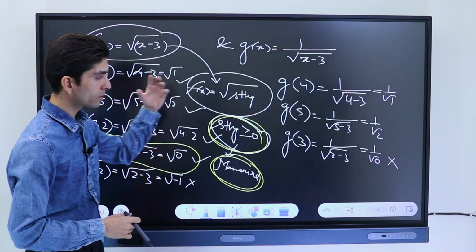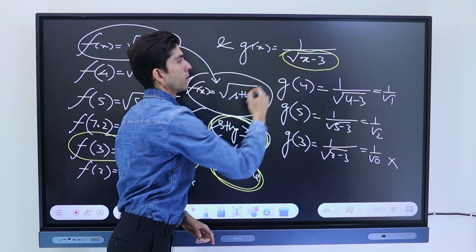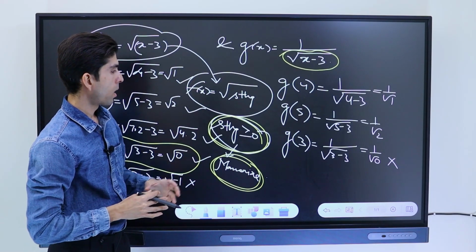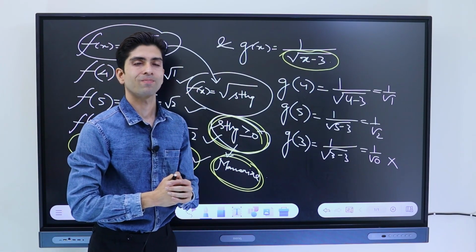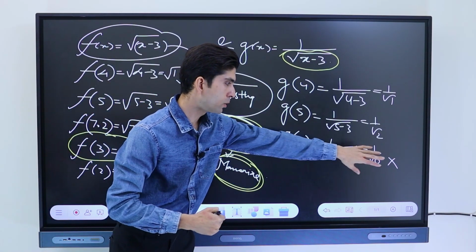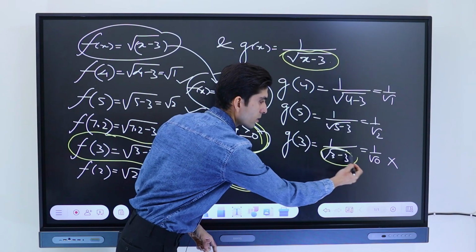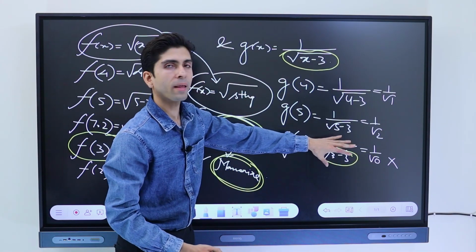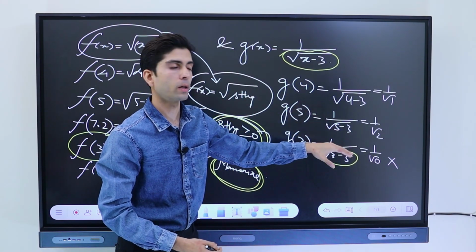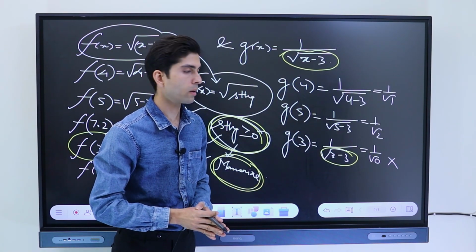But when we have a square root function in the denominator, then we cannot give it a 0 value. When we have 0 under the square root sign, the square root is defined, but the overall expression is not defined, because the denominator cannot be 0 in maths; division by 0 is not defined.